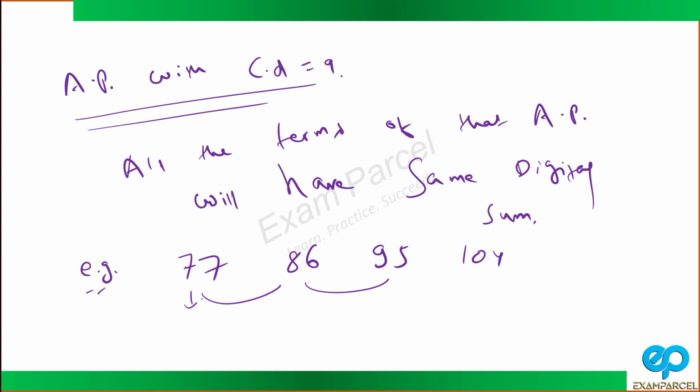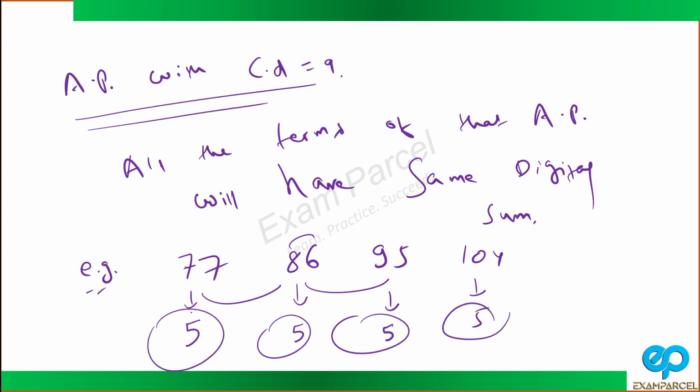Now find the digital sum. 7 plus 7, 14, so 5. 8, 6, 14, 5. 9, 5, 14, 5. 1 plus 0 plus 4, 5. So all of these have the same digital sum of 5, right? So this is a very important property of any AP with common difference of 9, that they all will have the same digital sum. This is an important property you can remember.